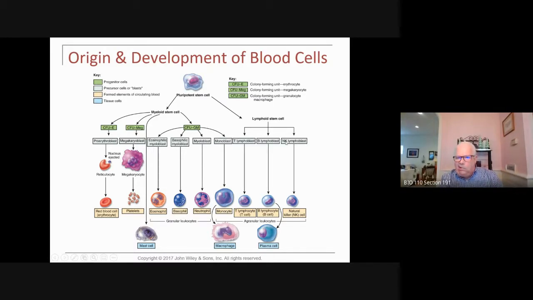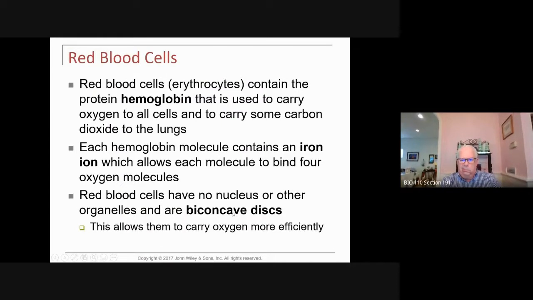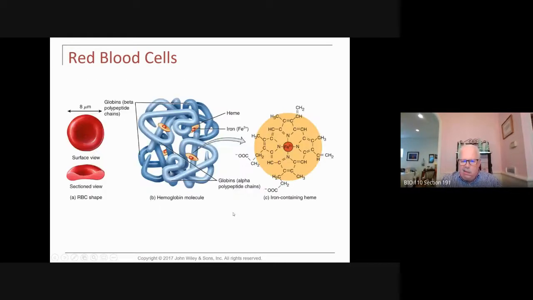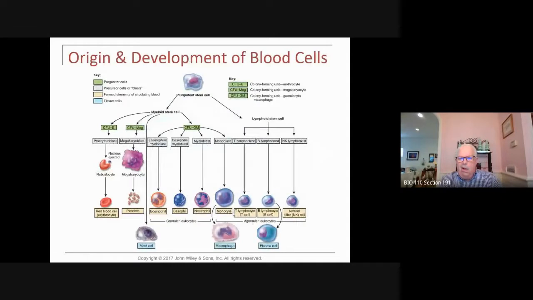Those are natural killer lymphoblasts. The T lymphoblast produces the T cell, which is a T lymphocyte. You'll learn in chapter 22 that this T means thymus.